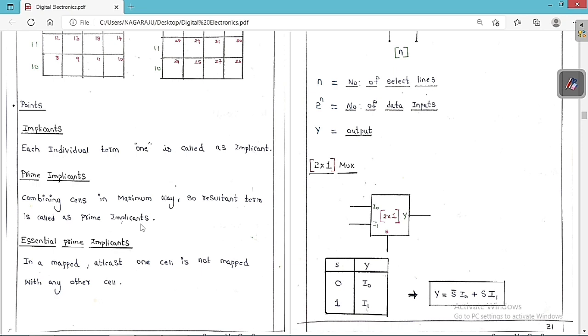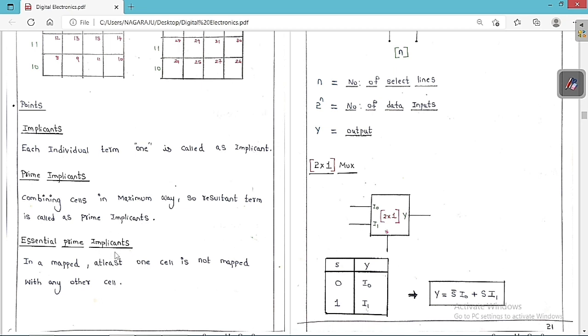That simplified answer is called a prime implicant. So for a given Karnaugh map, if you group the cells in a maximum way, you are going to get a simplified expression. That simplified expression is called a prime implicant.